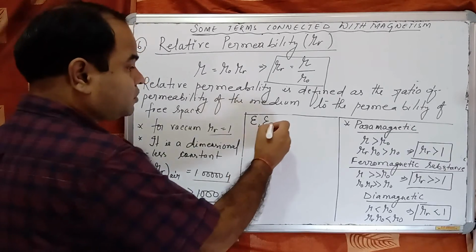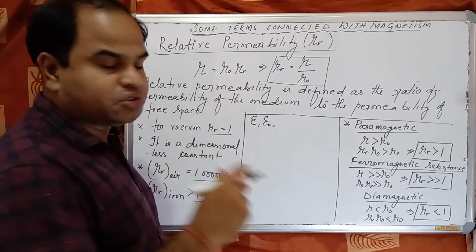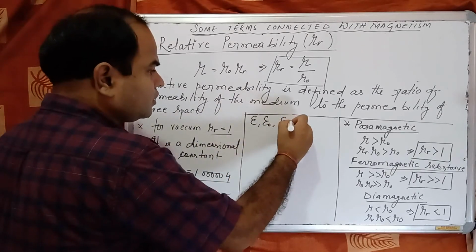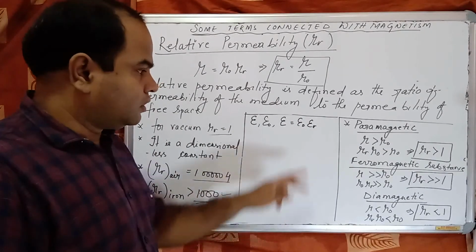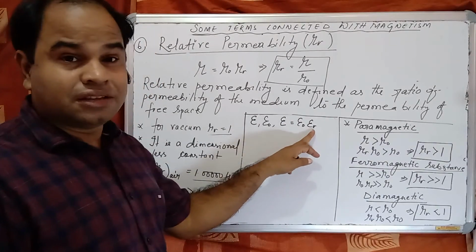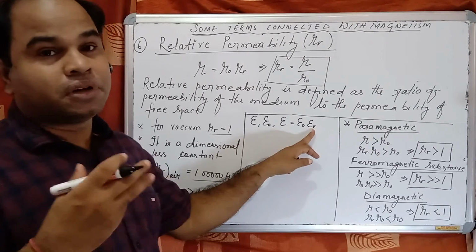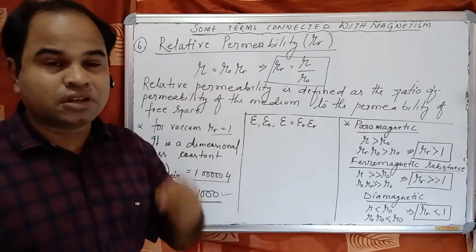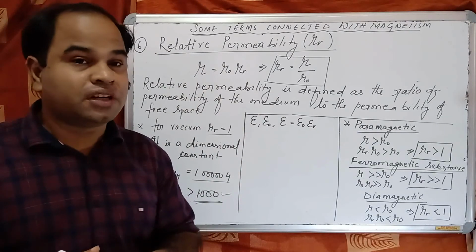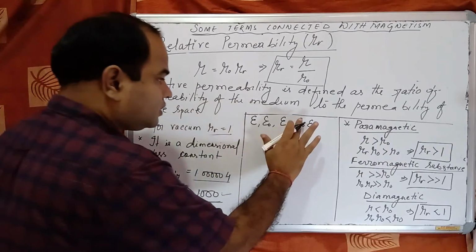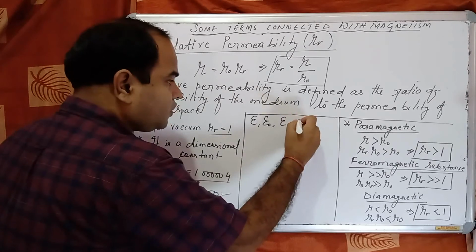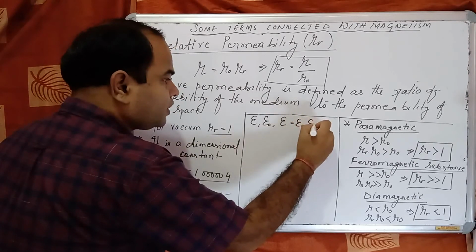The relation is epsilon is equal to epsilon naught into epsilon r. So this epsilon r is relative permittivity. It is a number which is assigned to different media.